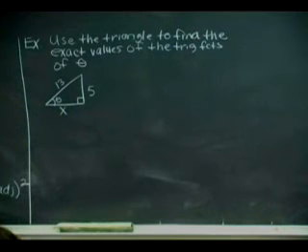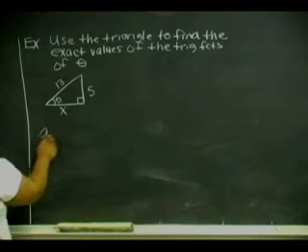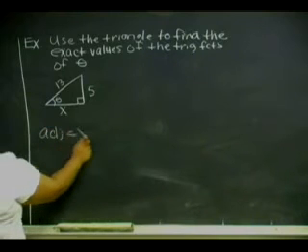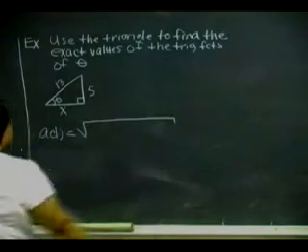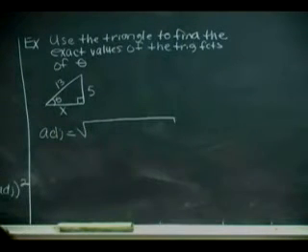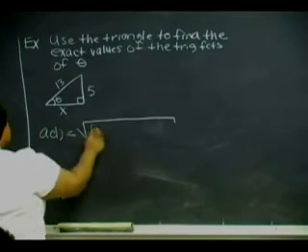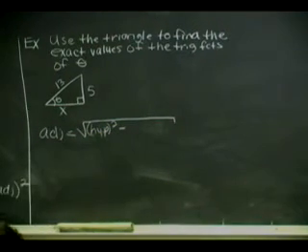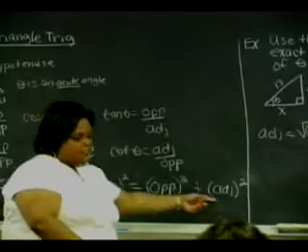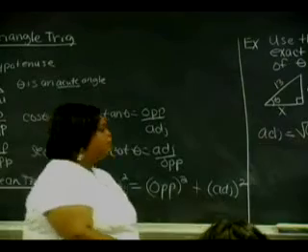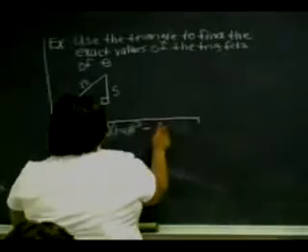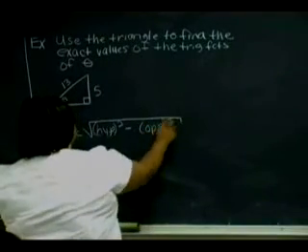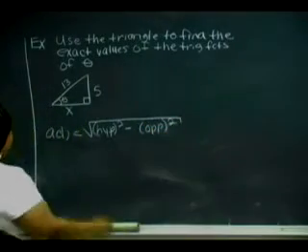By this Pythagorean theorem. We can solve for adjacent. The adjacent side will be the square root of what? This hypotenuse squared minus, because we need to subtract this opposite squared from both sides to get that adjacent by itself, minus the opposite squared. So we can do that.